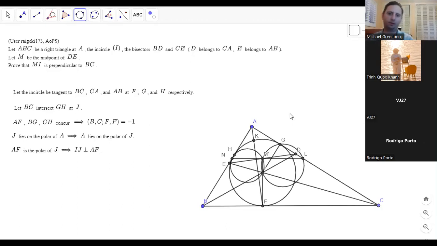I wonder if we use a lot of sines because we want to show. Do we want to use the angle bisector theorem somehow? Like AD over DC is AB over BC. We want AED. Oh no, I don't think AED is isosceles.